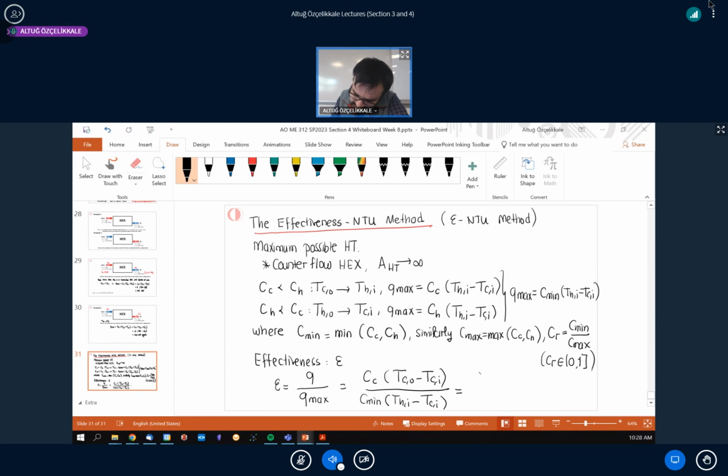And you can also write this based on the other side of the energy balance. So this actually comes from the definition of effectiveness and then the energy balance.